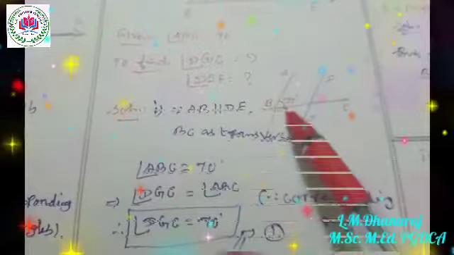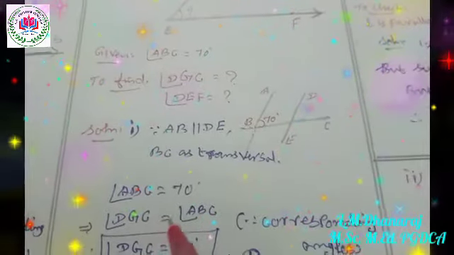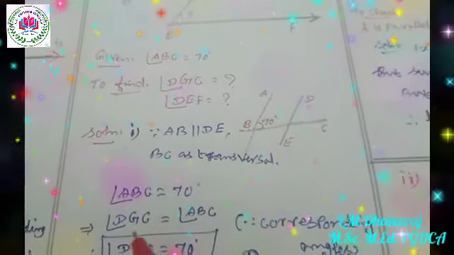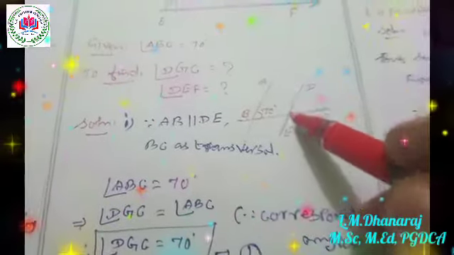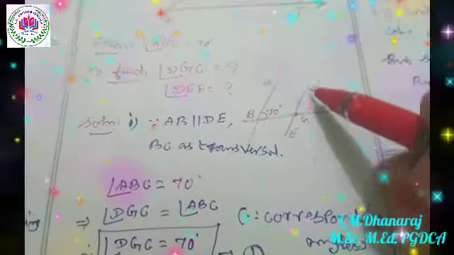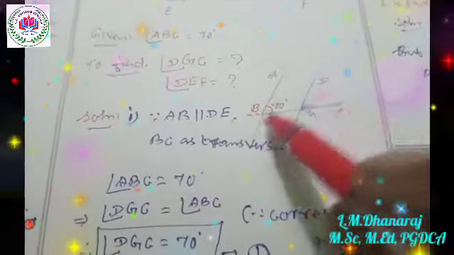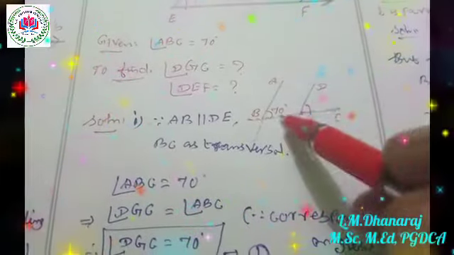Angle ABC is 70 degree. This implies DGC is equal to angle ABC. So D is here and G is here. So DGC is equal to ABC because these two are corresponding angles. Therefore we can say DGC is equal to 70 degree.